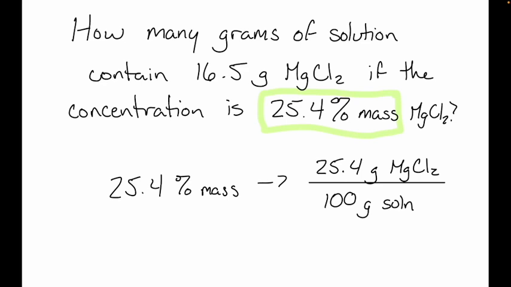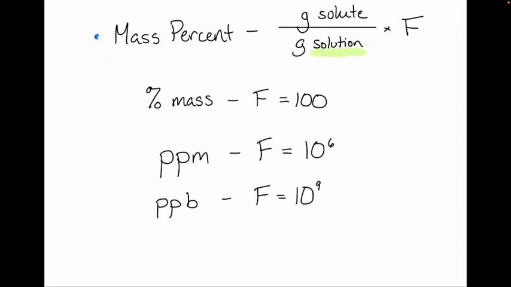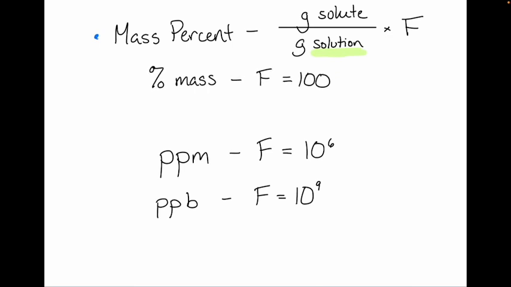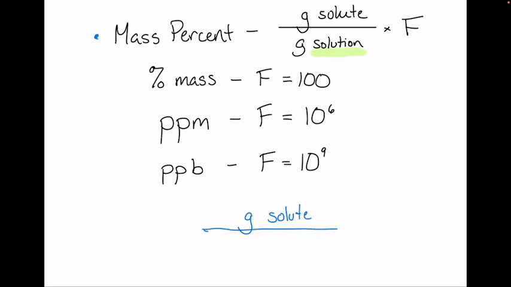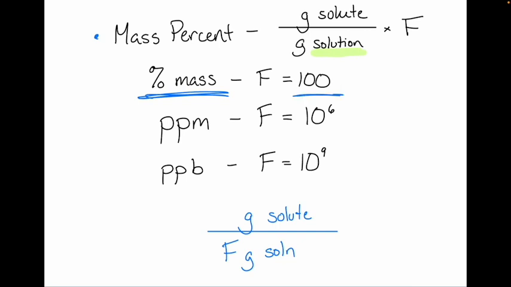Okay? So in general, if we go back to our definition page here, we have all these definitions, right? If we're going to use these in our math, how we're going to do it is put grams of solute over F grams of solution. In this case, it was a percent mass, so I put it over 100 grams of solution. If I was talking in terms of parts per million, I would put it over 10 to the 6 grams of solution, right?